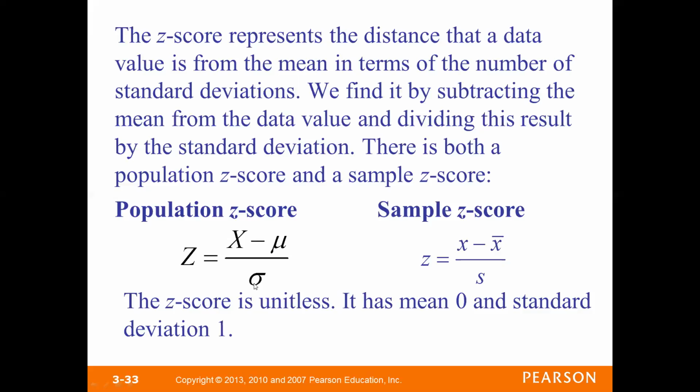It's how much further out we should put each tick mark on our number line. And that's because I wanted to relate it to this z-score. The z-score is unitless, so I can't talk about the z-score being pounds or ounces or inches or feet or anything like that. There is no unit associated with it. It does have a mean of 0 and a standard deviation of 1.